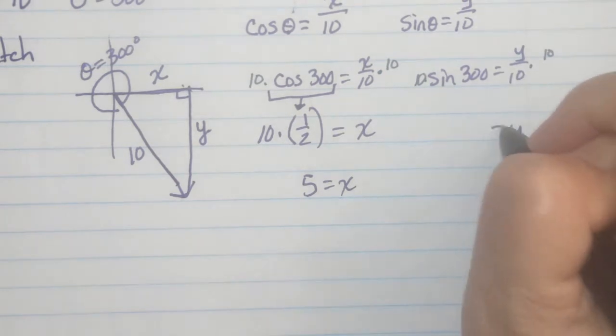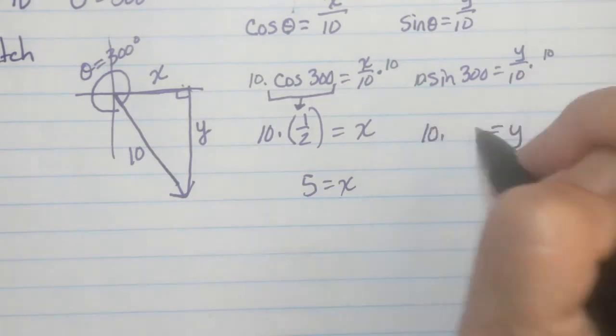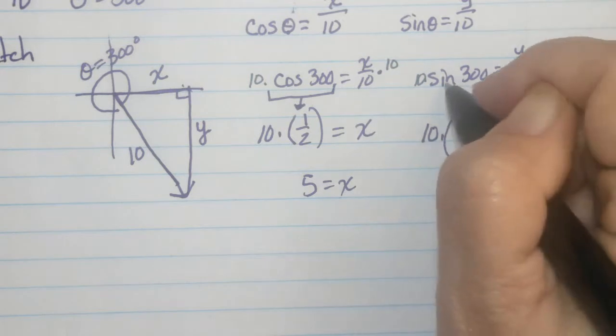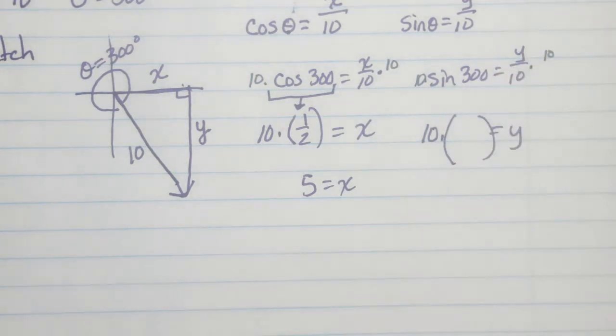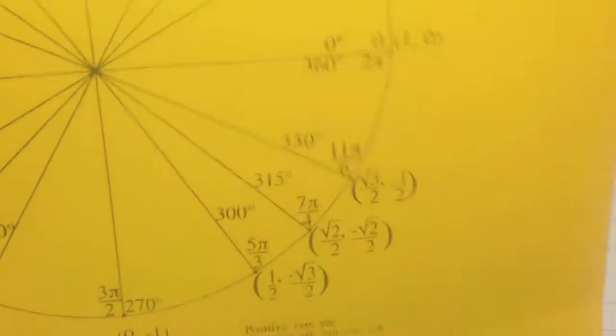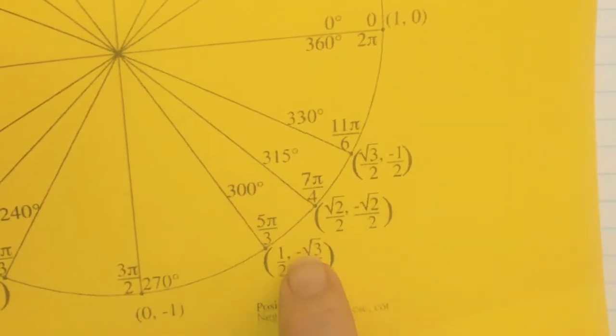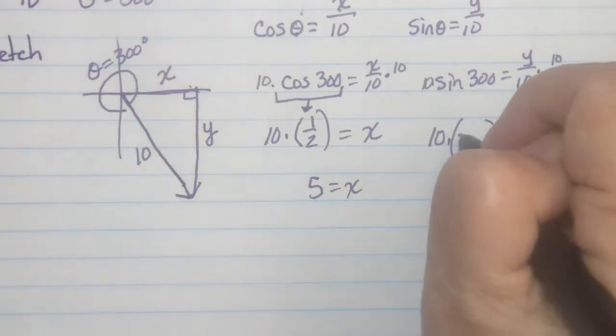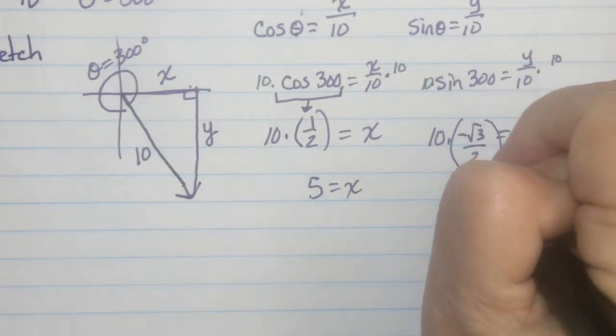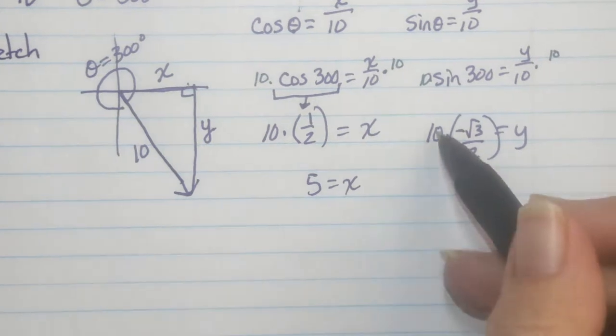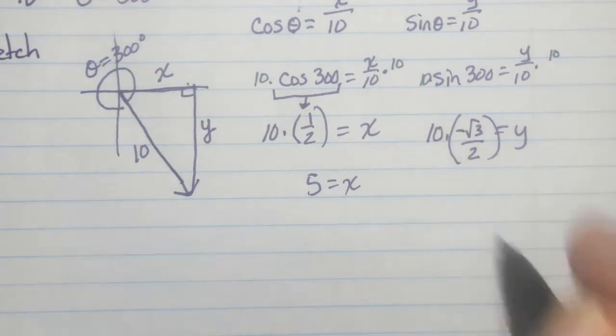Okay, my y is 10 multiplied by the sine of 300. So again, I go on my unit circle, 300. The sine is negative square root 3 over 2. 10 divided by 2 is 5.